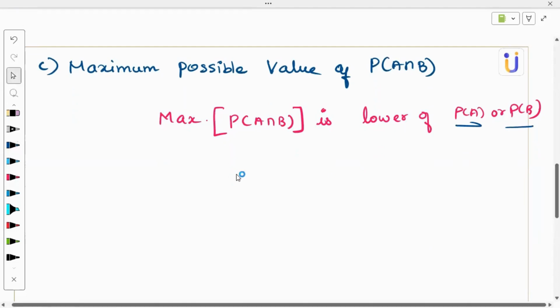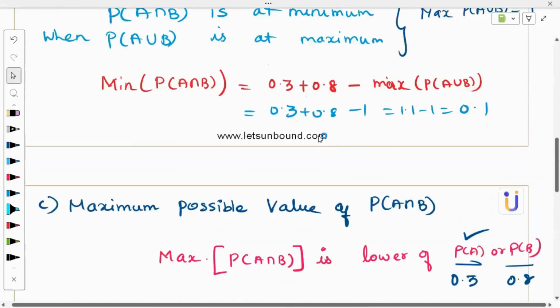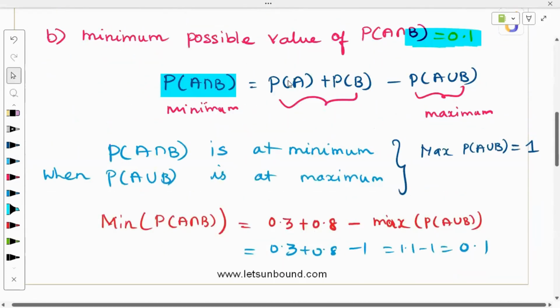P of A and P of B are both provided, 0.3 and 0.8. In this case, we will take the lower one, and the maximum value of P of A intersection B equals 0.3. So that's simple, very simple concepts over here. Thank you for listening. Let's meet in the next video.